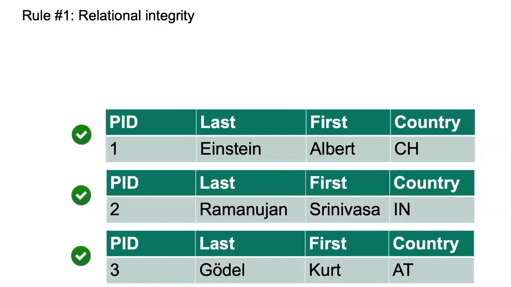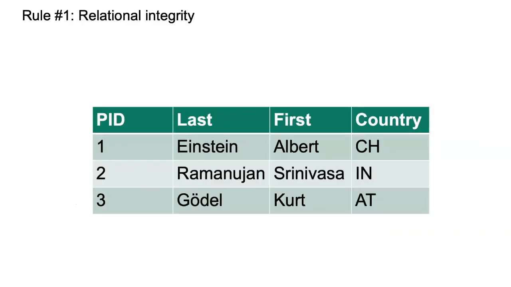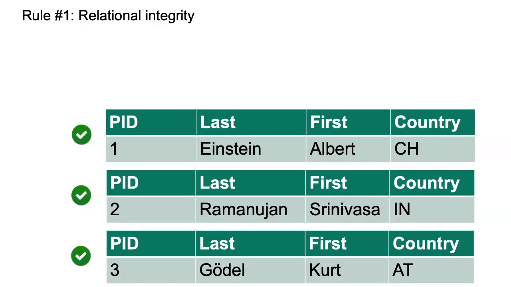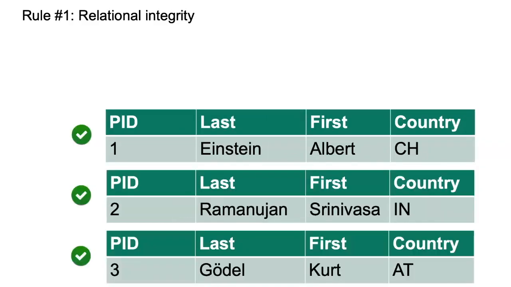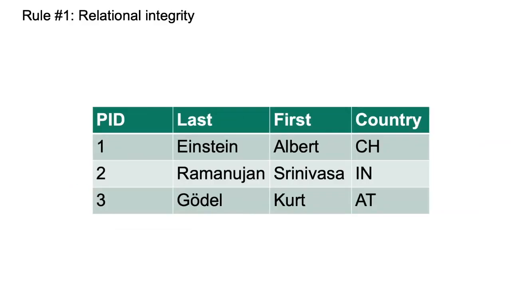The first one, which I call relational integrity, is that all of the tuples, there are 3 of them in here, must have exactly the same attributes. That's rule number 1. And when that's the case, this is when you can merge them into a single table, right? So you see that's here the set of 3 tuples, and now they are merged in a fancy display of a single table. This is relational integrity. All tuples have the same attributes.